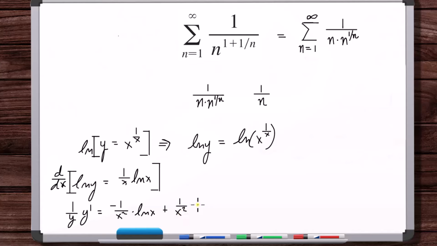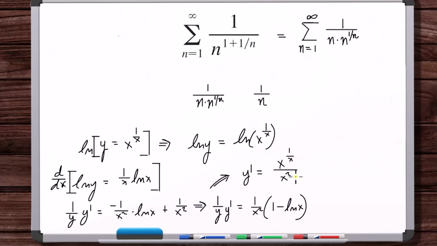So we've got 1 over y times y prime is equal to 1 over x squared, 1 minus natural log of x. So y prime, if we multiply both sides by y, so we've got x to the 1 over x over x squared, 1 minus natural log of x. So there's the derivative.